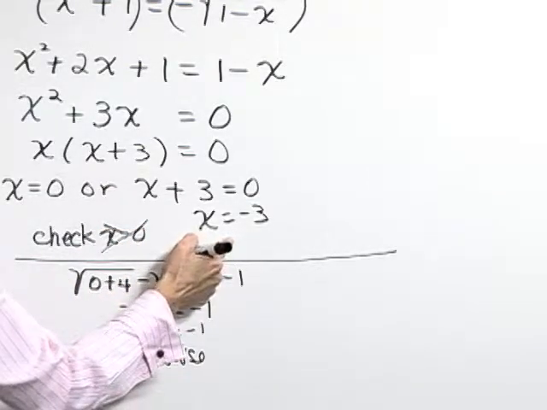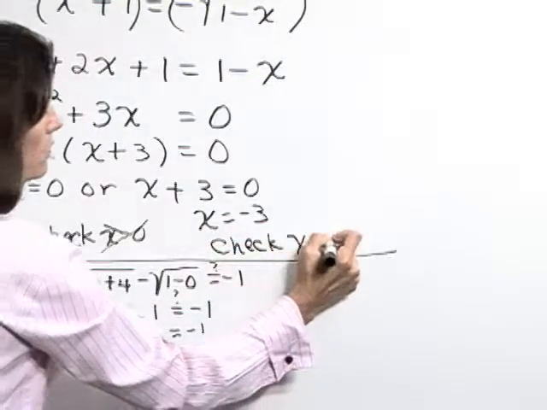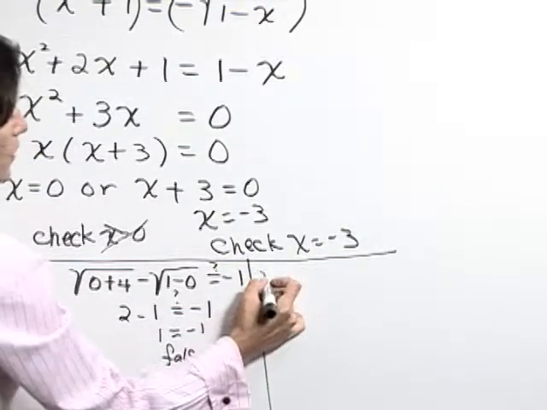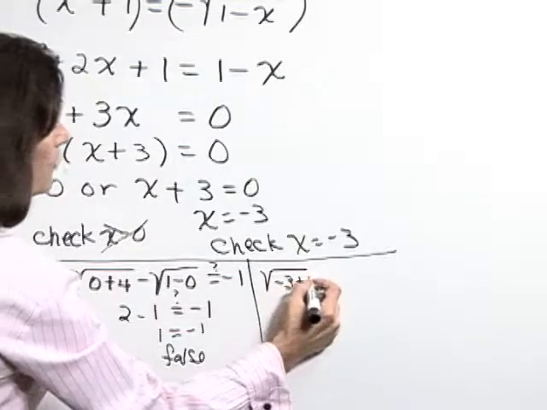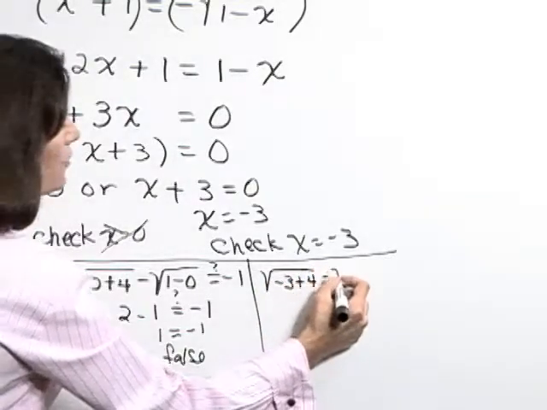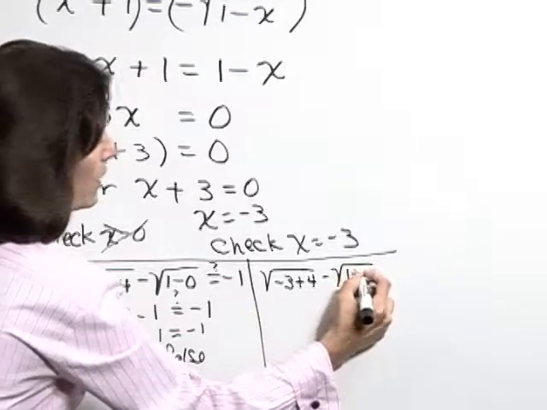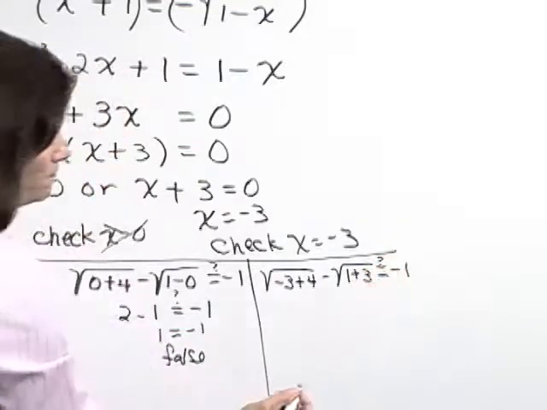Now we also need to check x equal -3. Check that in your original equation. So it's the square root of -3 plus 4 minus the square root of 1 minus a -3, or 1 plus 3, equal to -1.